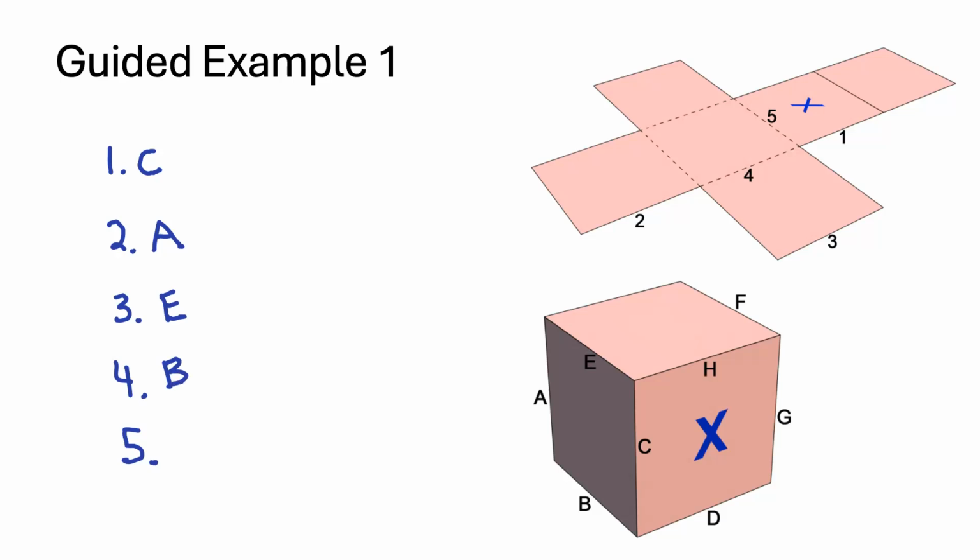And then we have one more. We have 5. Now 5 returns to the first dotted line that we cared about here, which was relevant for thinking about number 1.